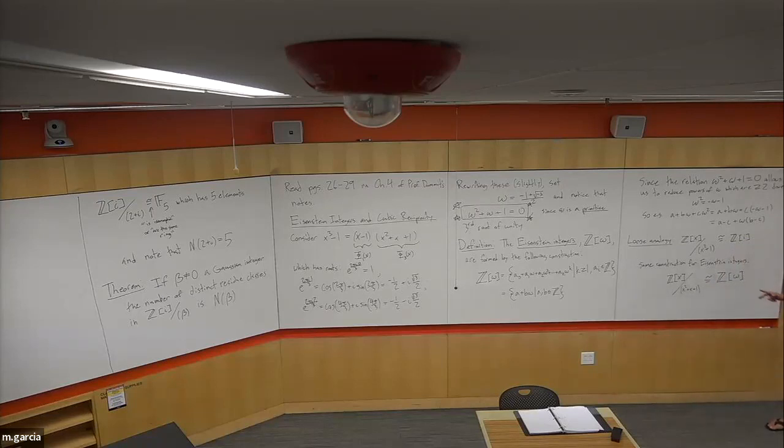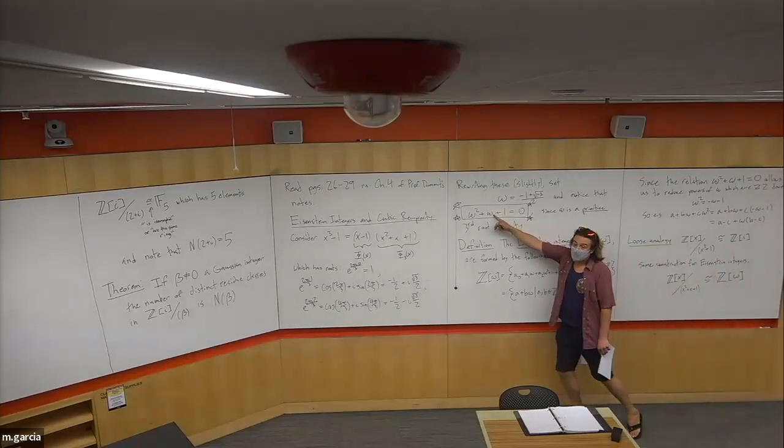The takeaway is that when you mod a polynomial ring by an ideal generated by a single polynomial, you're adding that as a relation you can use for the indeterminate. So modding out by this ideal makes X satisfy this polynomial. It sends it to 0.